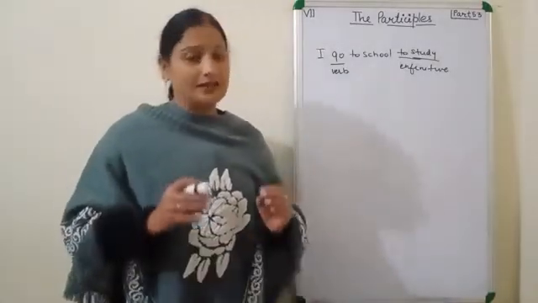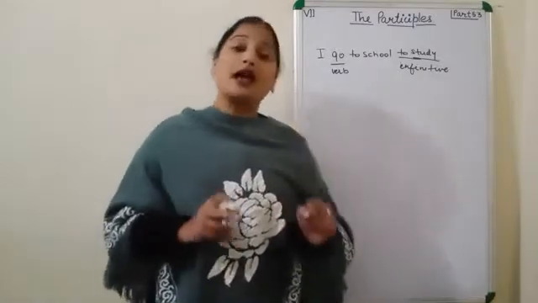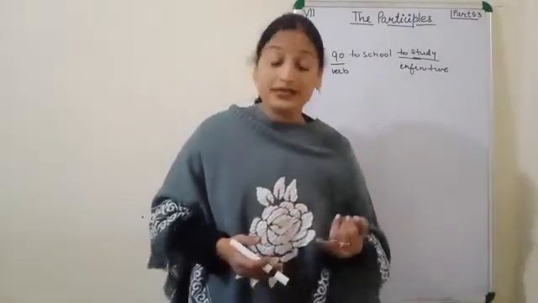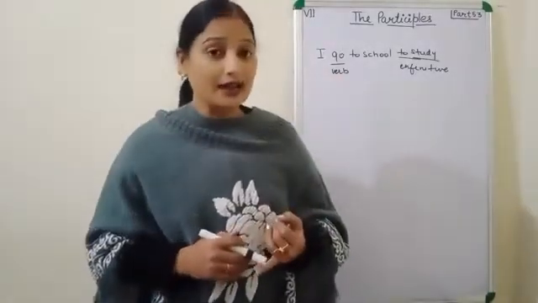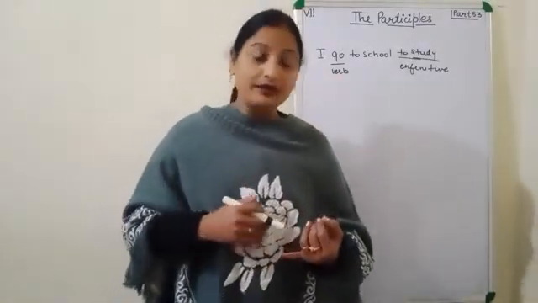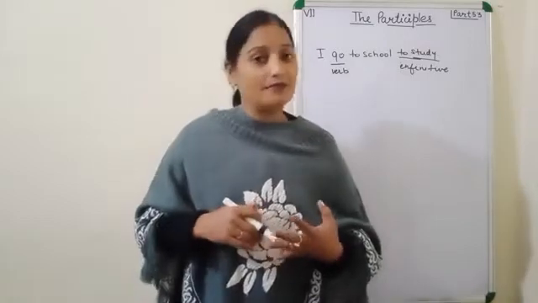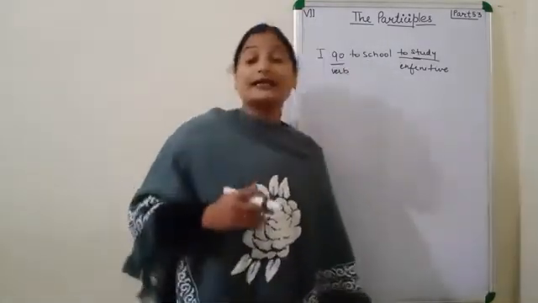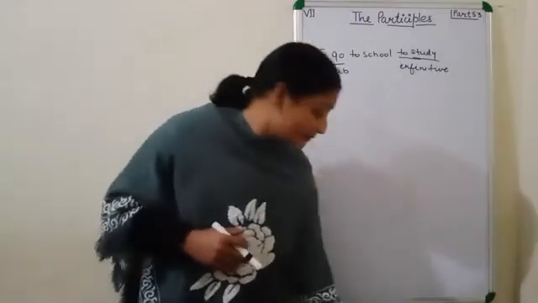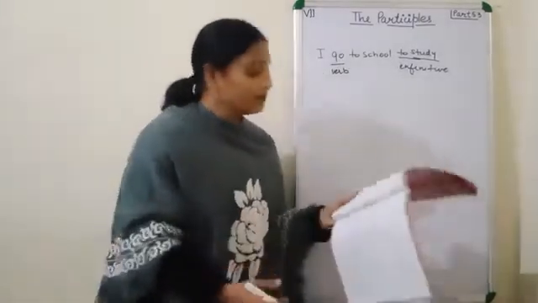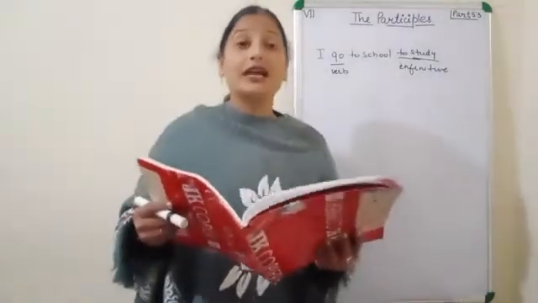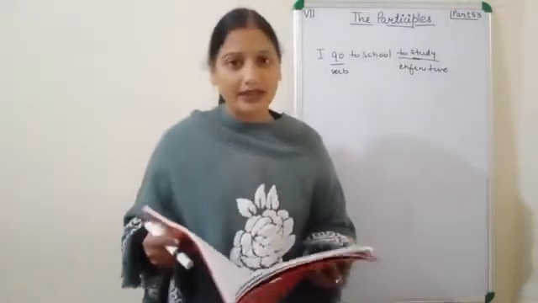Now, if the sentence has some helping verbs like can, could, shall, should, may, might, must, and a few more like dare, need, and then had better, would rather, and some perception verbs are also there.